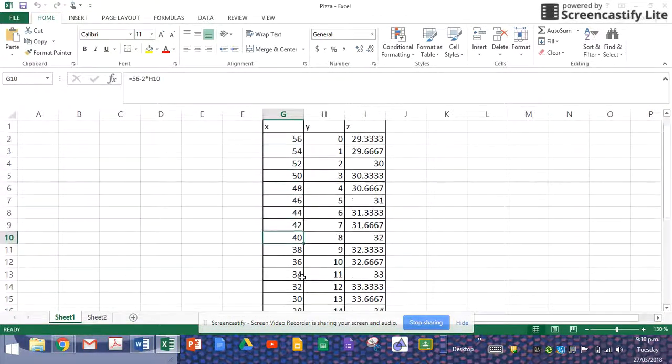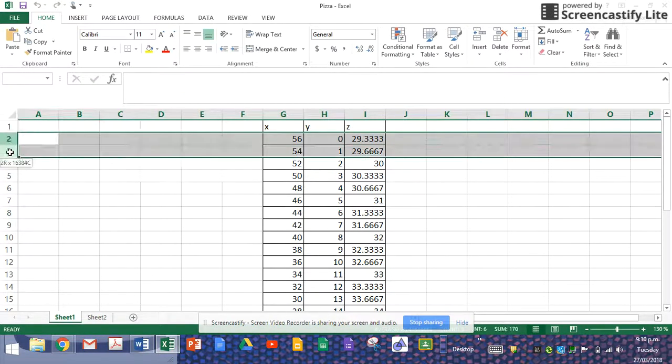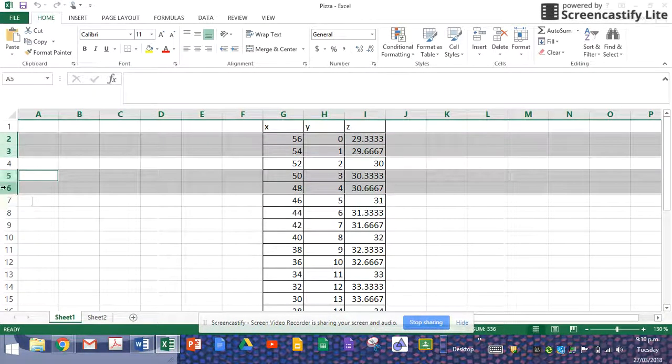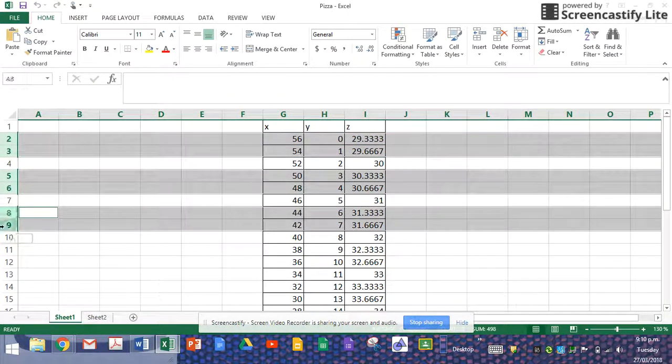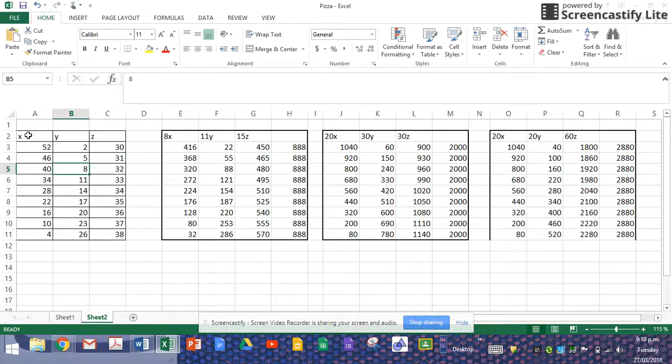And I got pretty neat values for X and Y. Actually, they are integer values. However, Z has some fractional or decimal values. So for practicality, you need to ignore the solutions with those decimal or fraction answers. So delete them, and you only hold on to the positive integer values. I've already done that here, and that's what I got.